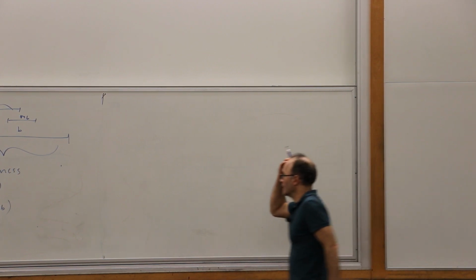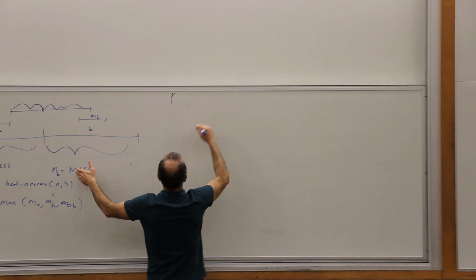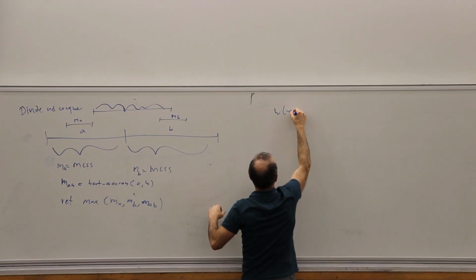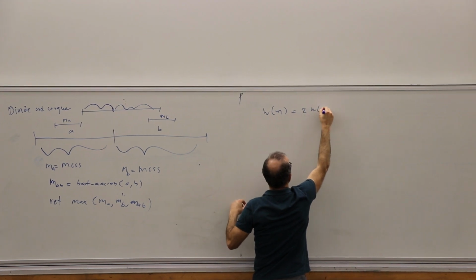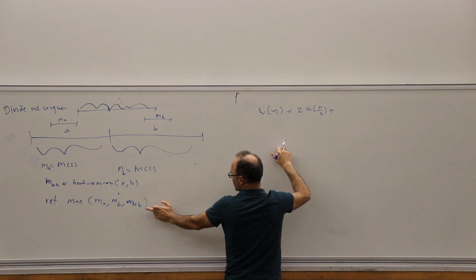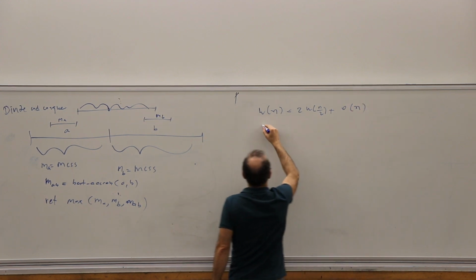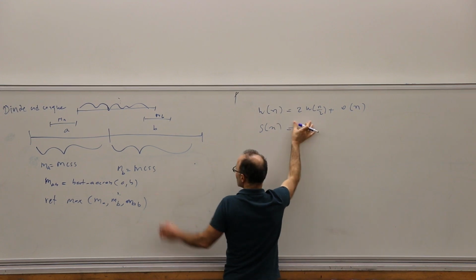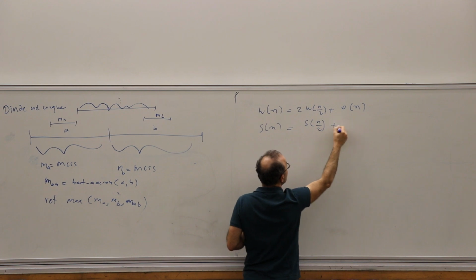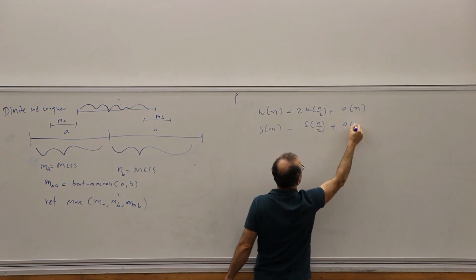So what's the work and span of this algorithm? It splits, that's constant work and span, and then it does two recursive calls. So work is 2 times work of n over 2, plus best across is linear. This operation is constant, so it's order n. Span is, because we can do these things in parallel, span of n over 2 plus constant for all the other operations.